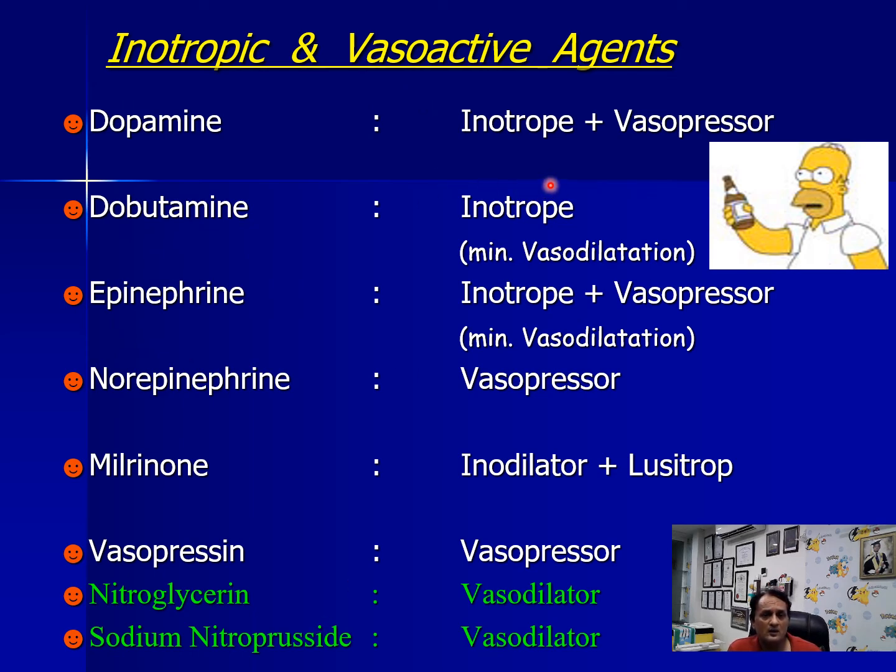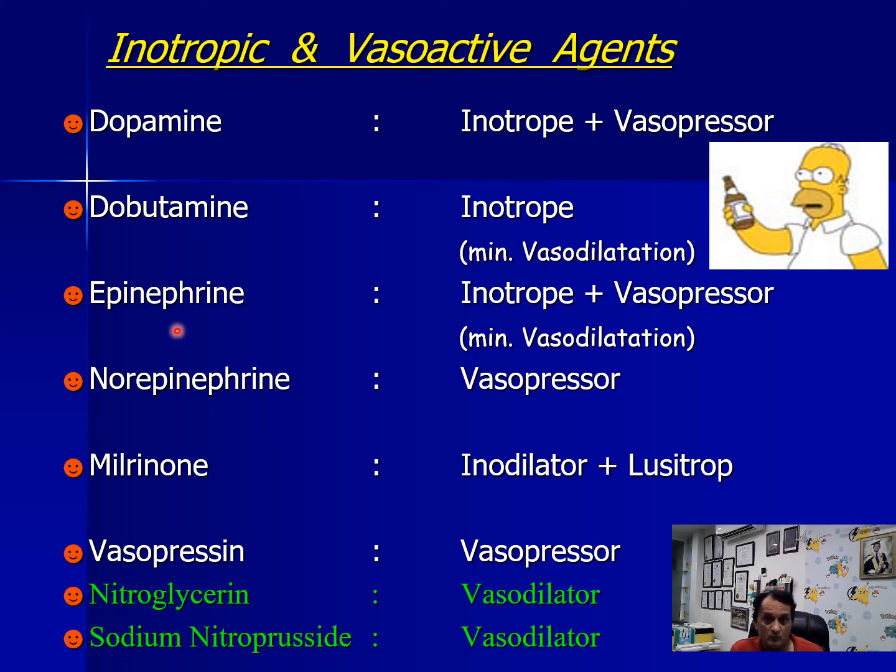So, quickly about the inotropic and vasoactive agents used in the pediatric ICU. We know dopamine has a vasopressor effect other than the inotropic effect. Dopamine is almost obsolete now in cardiac patients. Epinephrine is the first choice for any patient with low blood pressure to begin with for us, and it has an excellent effect.